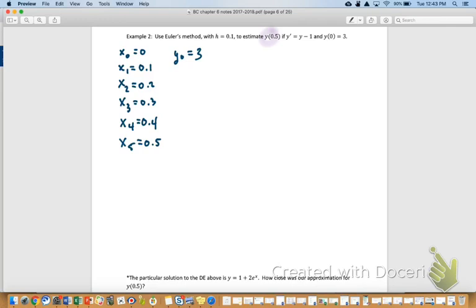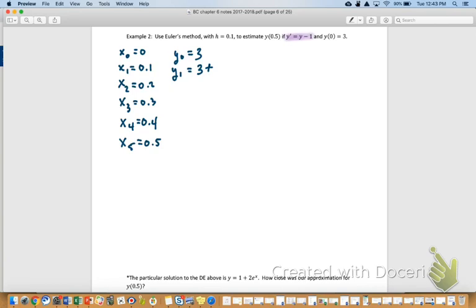So here we go. To get to that y1, I would write 3 plus, my m is going to be the slope based on the previous point. And where on earth are we supposed to get our slope? Differential equation tells us all about our slope.